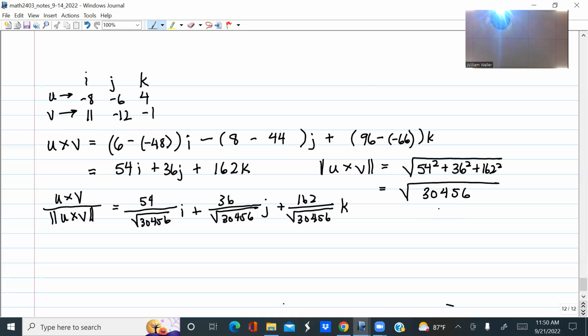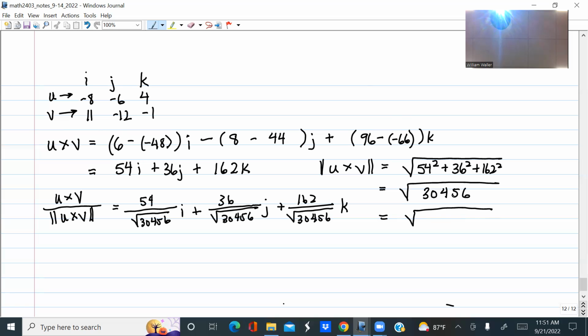You want to try to write that quantity, 30,456, as the product of as many perfect squares as you can. So one place to start is you can factor 100 out.